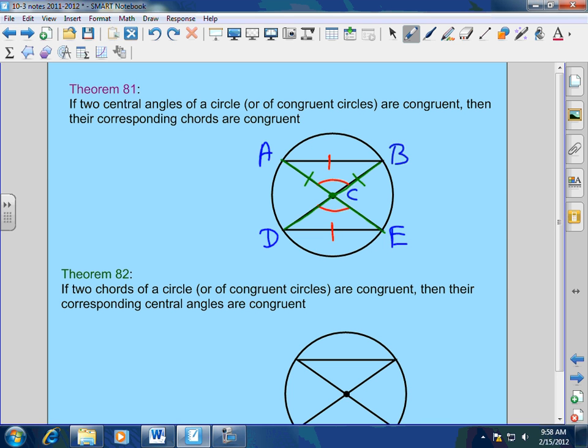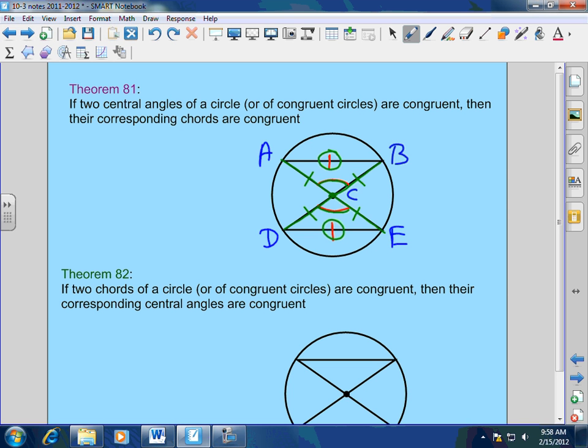This is a radius, and this is a radius of the same circle. So all the radii are congruent, so I already have side, side. But I have that this central angle is congruent to this central angle, so therefore, triangle ACB is congruent to DCE, therefore, AB is congruent to DE by CPCTC.